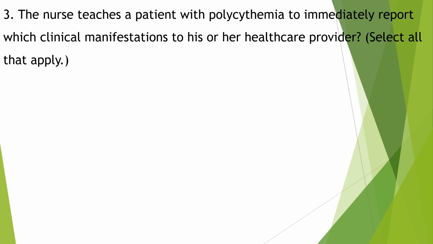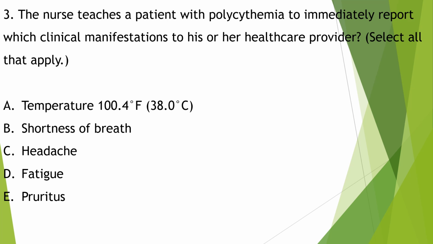The nurse teaches a patient with polycythemia to immediately report which clinical manifestation to his or her healthcare provider. Select all that apply. Temperature 100.4 degrees Fahrenheit, shortness of breath, headache, fatigue and pruritus. So the patient has polycythemia.